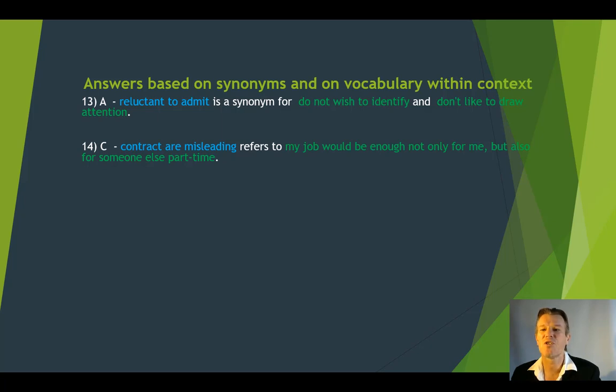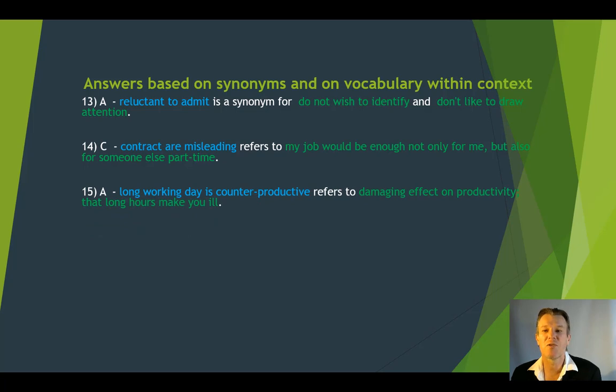And this refers to the words in the text, my job would be enough not only for me, but also for someone else part-time. So the contract is misleading here because they're doing the job of 1.5 people, whereas they were only promised in the contract to do a job at 100%, meaning of one person.